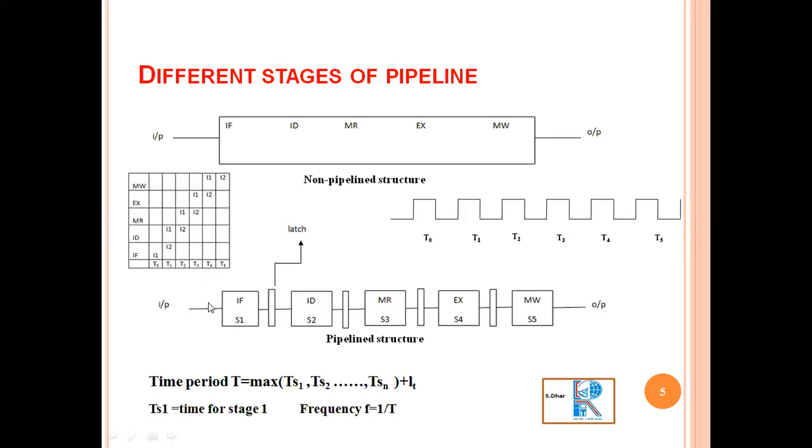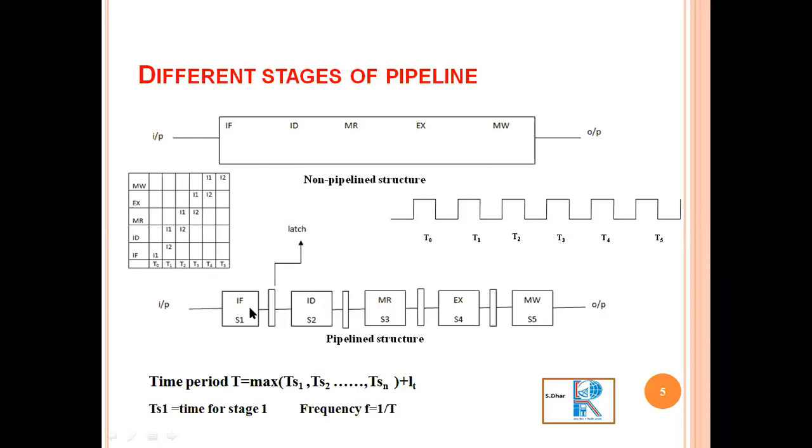Clear? Again, I repeat, in the second cycle I2 can overwrite the data fetched by I1. Because it will transfer the data from here to here, and at the same time I1 will transfer the data from here to here. So there is a clash.